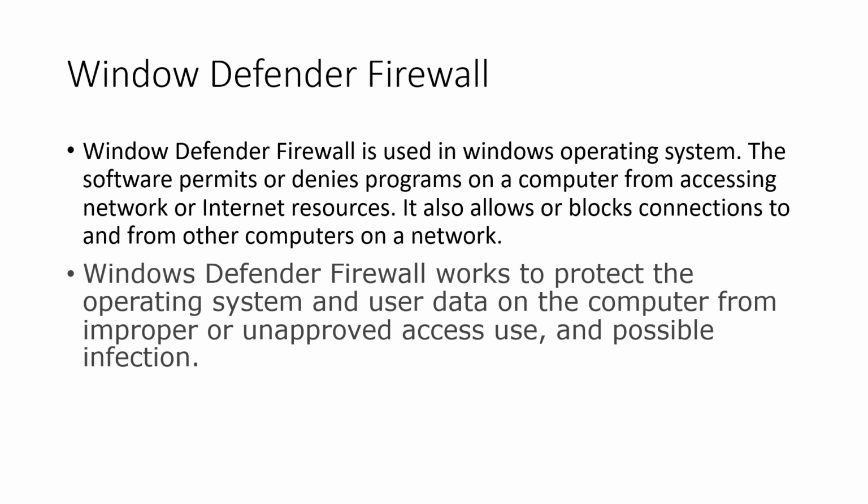It also allows or blocks connections to and from other computers on a network. Windows Defender Firewall works to protect the operating system and user data on the computer from improper or unapproved access and possible infection.